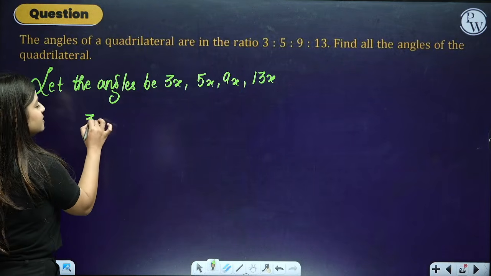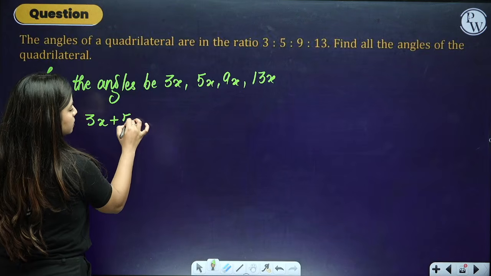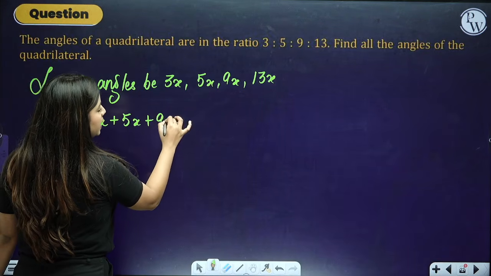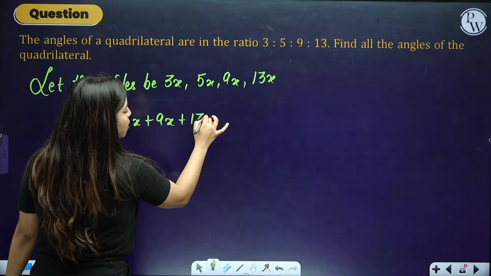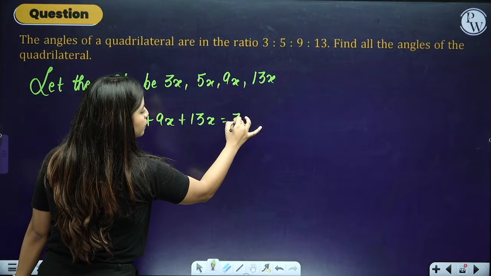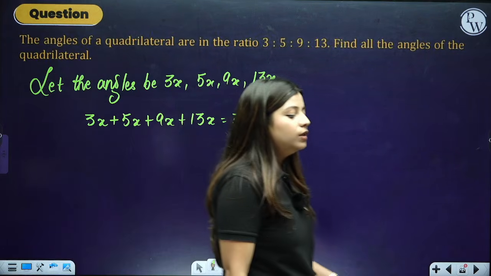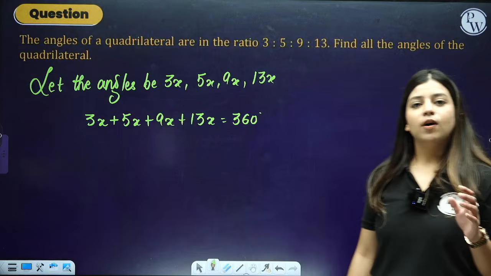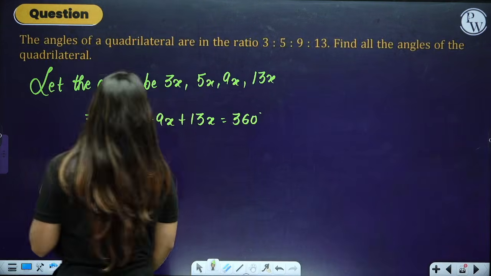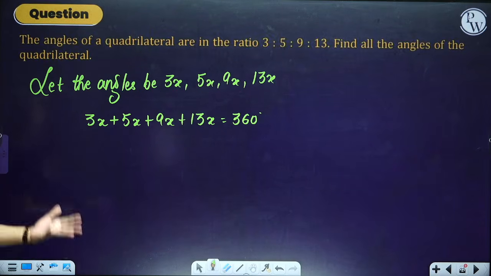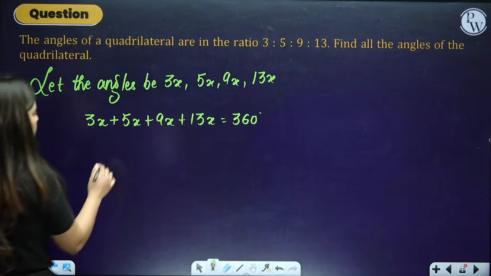Now, when we have this x value, what do we do? We know that the sum of all the four angles of a quadrilateral is equivalent to 360 degrees. As simple as that. So, simply we have to add this up. That means 3 plus 5 plus 9 plus 13 will be 30x, right?